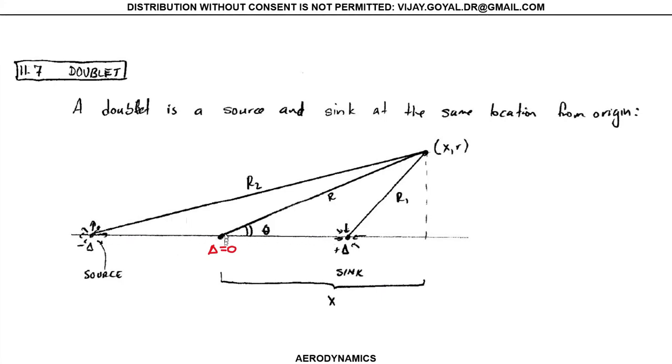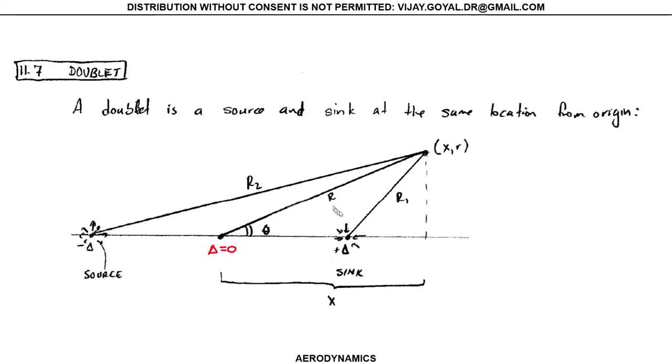So they actually coincide, they're in the same point. So we're going to take delta to 0. But just to separate the idea that I'm going to have a sink and a source, I will put a minus delta and a plus delta. But think about your delta being very, very small, okay?